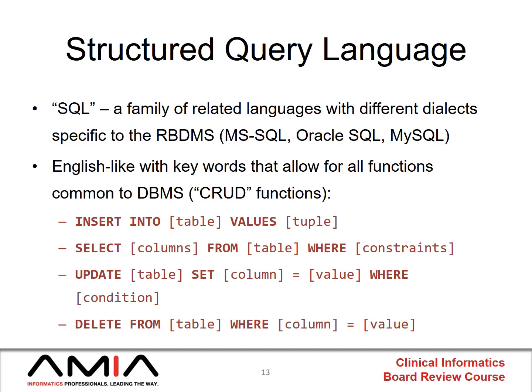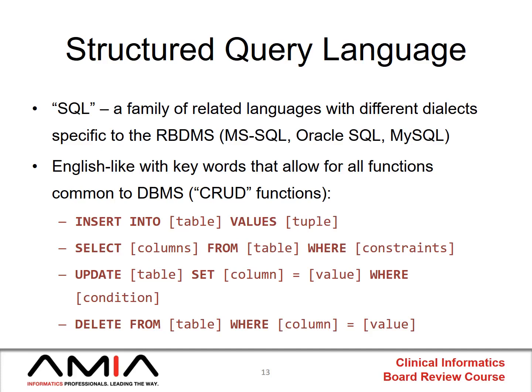So Microsoft SQL is slightly different from Oracle SQL, which is slightly different from the open source MySQL, but they all share the basic English keywords that allow for the basic CRUD functions. They may implement certain things slightly differently, but for the most part, they're all like dialects of the same computer language. So for the basic CRUD functions, this is the syntax for them in SQL.